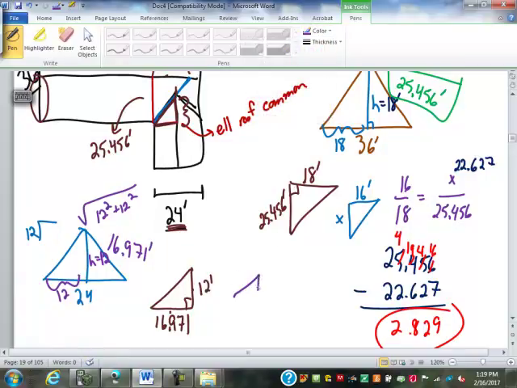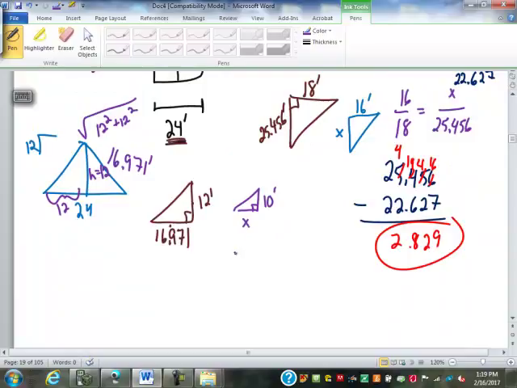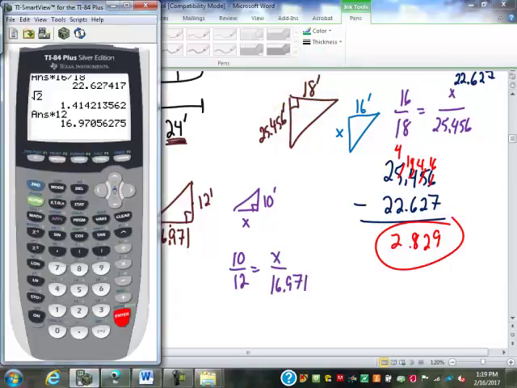So then the next one, that's going to be 10 feet, right? This will be x. So we've got 10 over 12 is x over 16.971. So 16.971 times 10 divided by 12, 14.142.